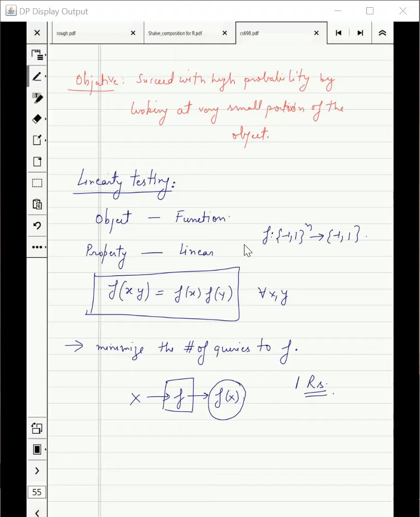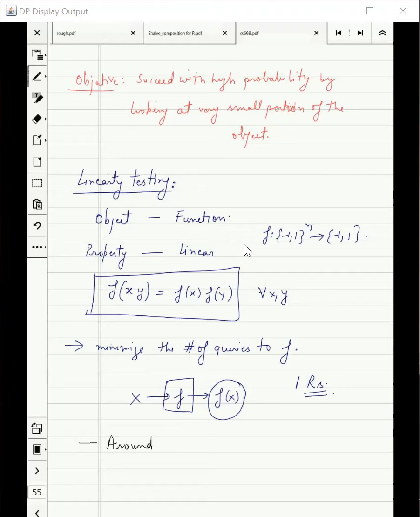If that is the case, and now if you want to exactly find whether the function is linear or not, how many queries will you take? Around 2 to the power n, right?